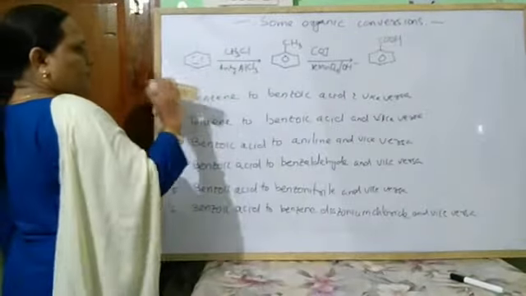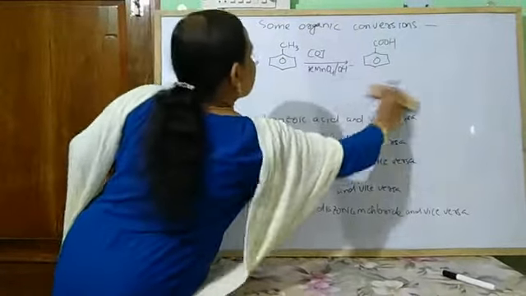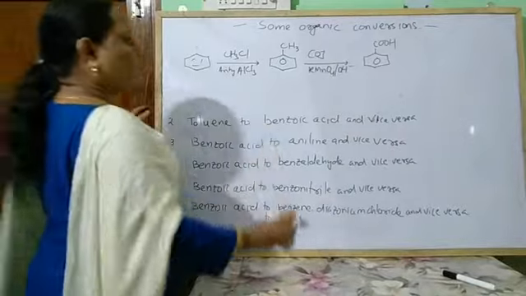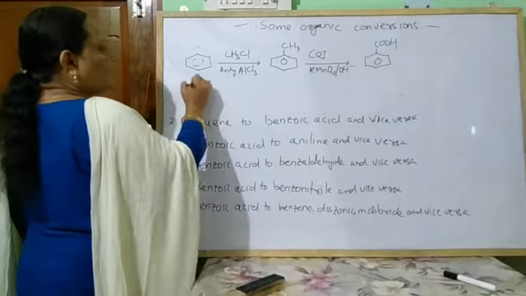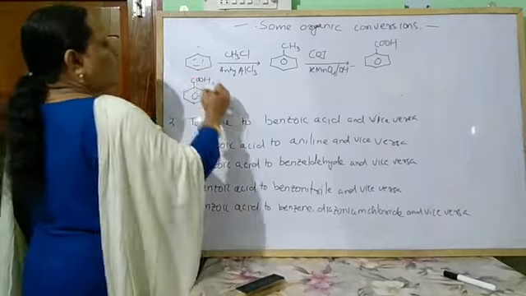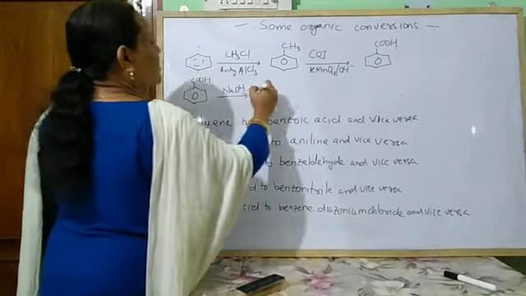Next, benzoic acid to benzene, vice versa, so the reverse method. Benzoic acid is treated with sodium hydroxide.